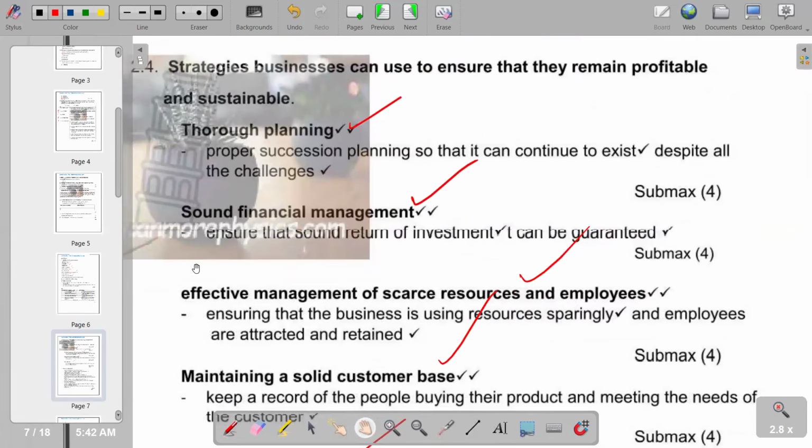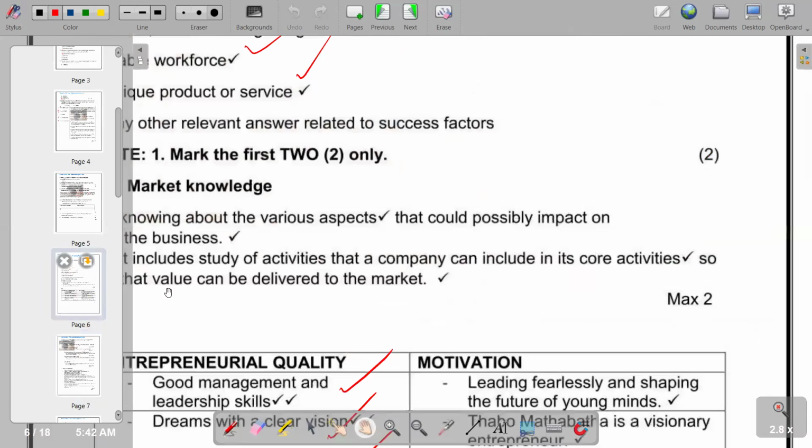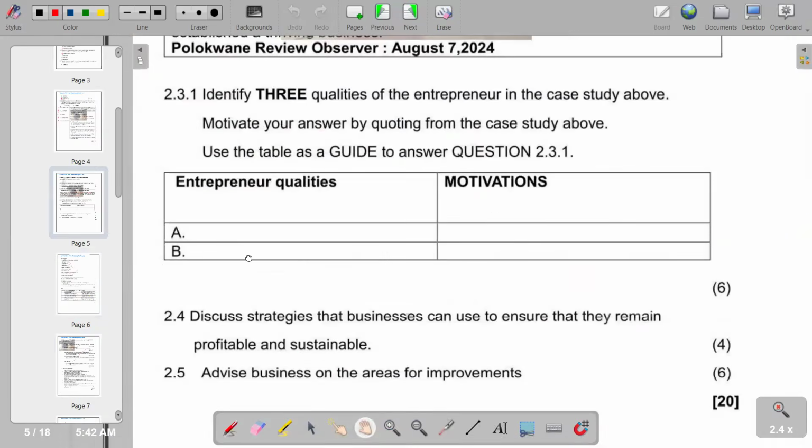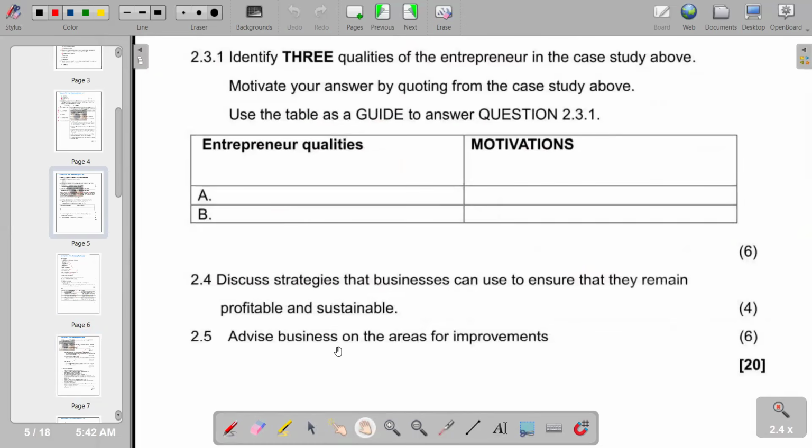So in terms of the next question, advise businesses on the areas of improvement.